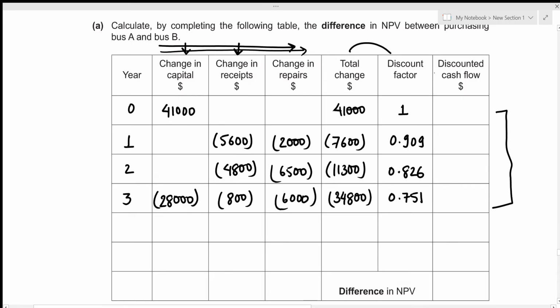Now, in order to figure out the discounted cash flow, we just need to multiply the total change by our discount factor. So for year 0, that's going to be 41,000 times 1, which is 41,000. For year 1, that's negative 7,600 times 0.909, which results in a negative value of 6,908.4.